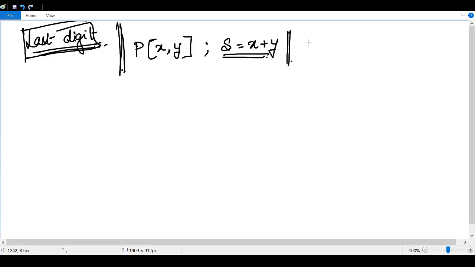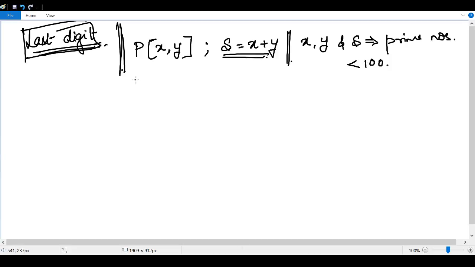The condition is that x, y and s, all 3 of them, are prime numbers less than 100.